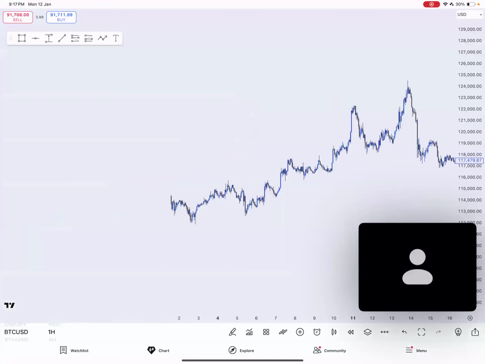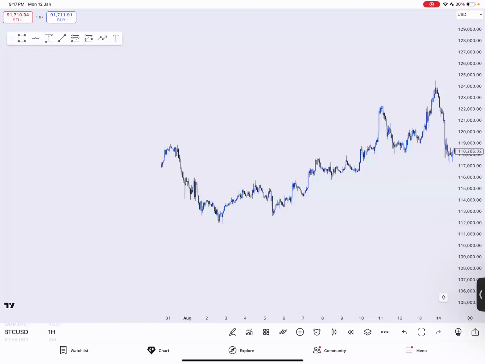Okay, good. First of all, we're going to talk about market structure. What is market structure? Market structure is basically the current flow of the market, the current pattern or flow that price uses to approach one level in the market or another.